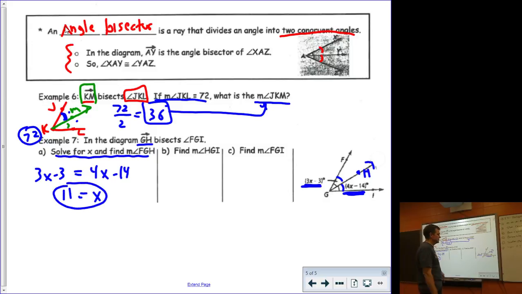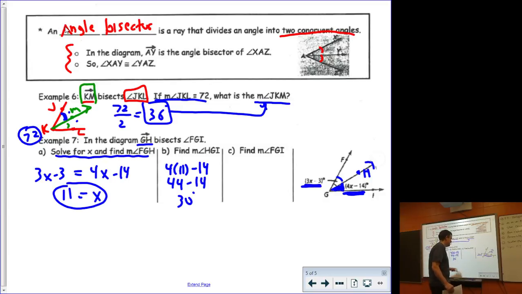So I can find the measure of HGI, that's this bottom angle down here, by plugging in 11 for x. 4 times 11 minus 14, or 44 minus 14, or 30 degrees. And I don't really need to find FGI, because FGI is going to be the same thing.